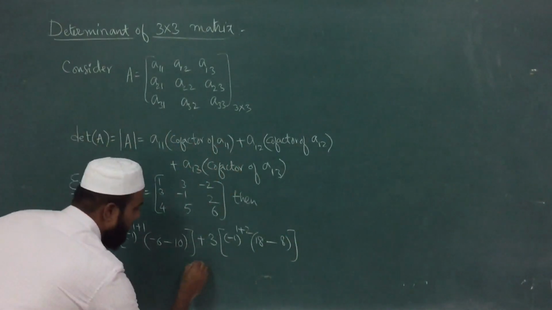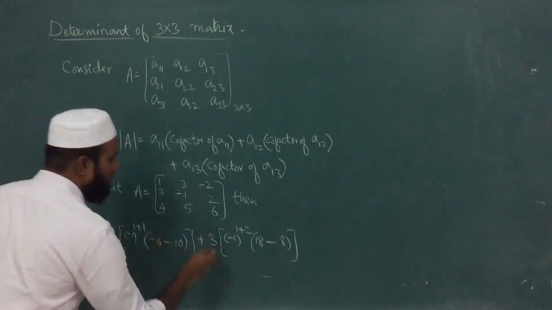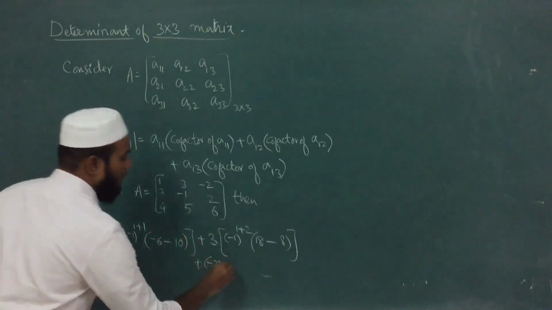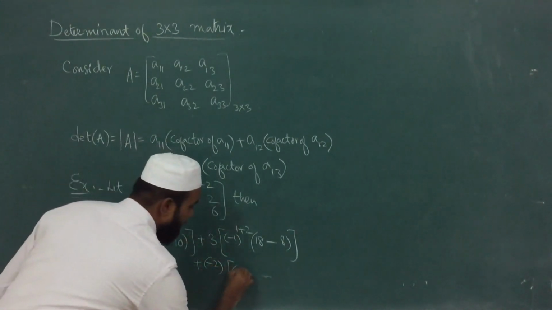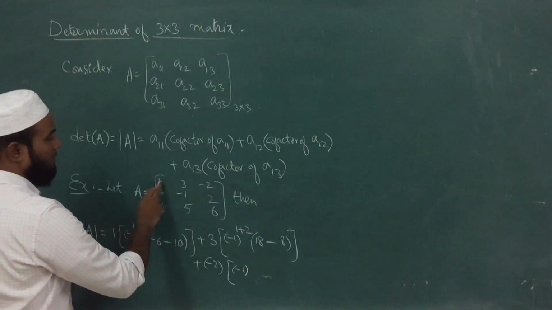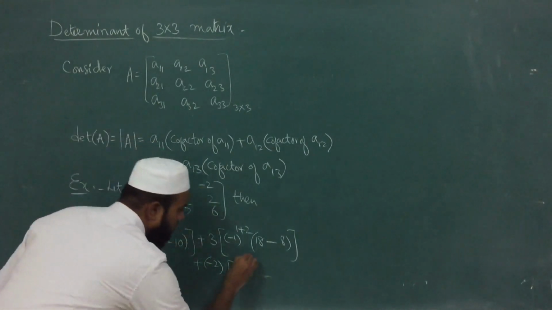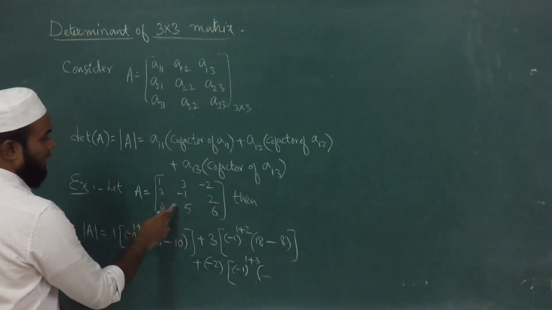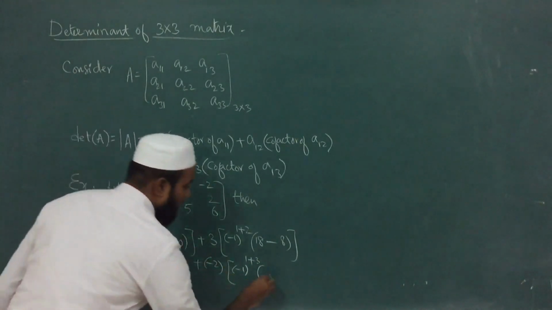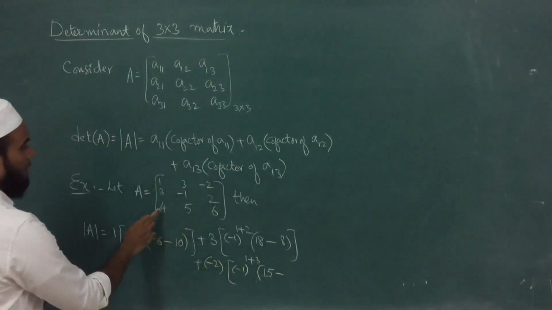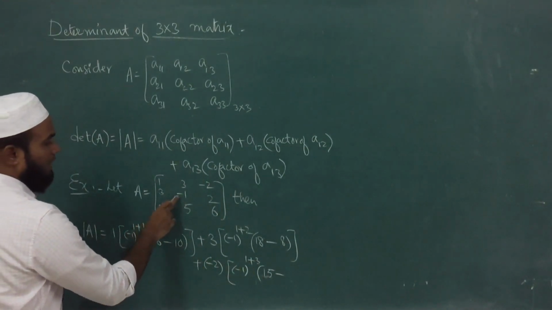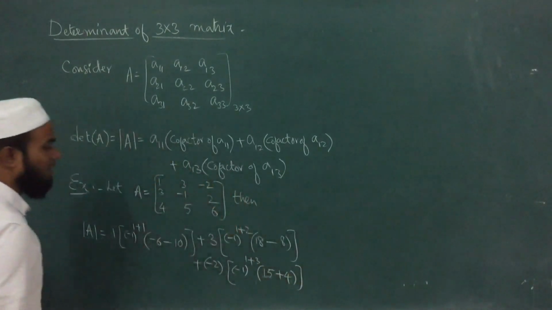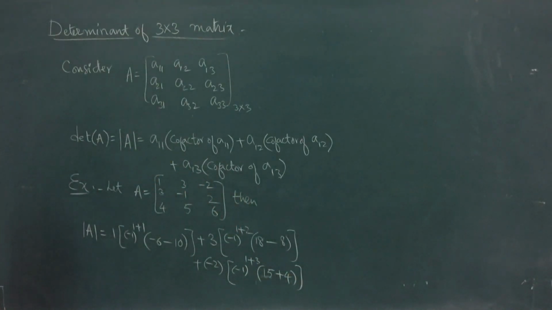Then plus third entry, minus 2 into cofactor of minus 2, minus 1 power. What is the position of this? First row, third column, then into, you remove this row and this column, then 3 into 5, 5 into 3 is 15 minus 4 into minus 1 is minus 4 plus 4. Then we have to simplify this, right?